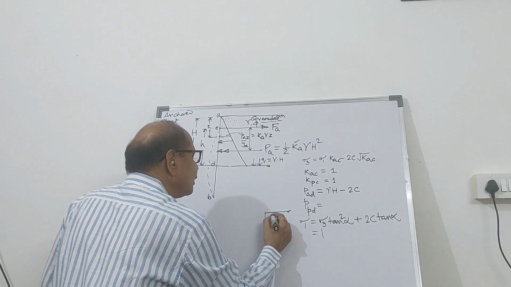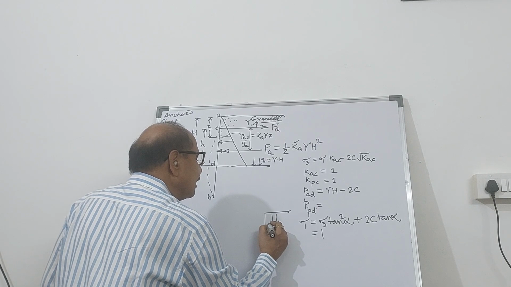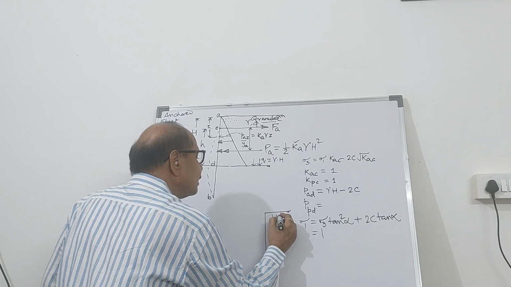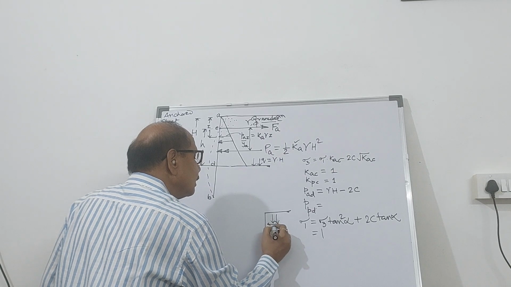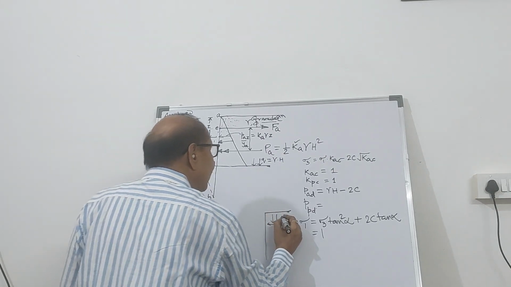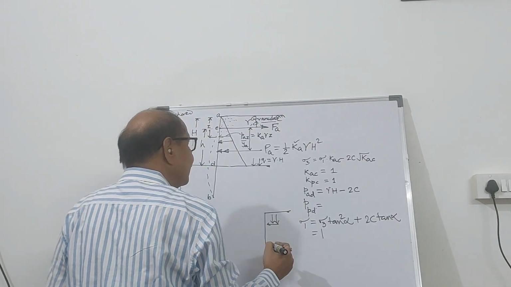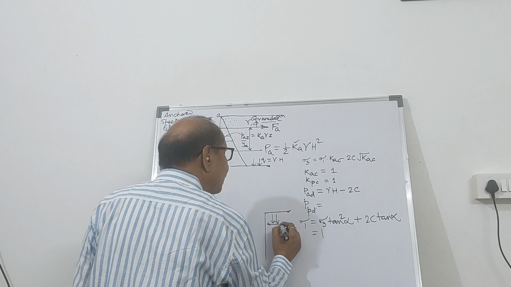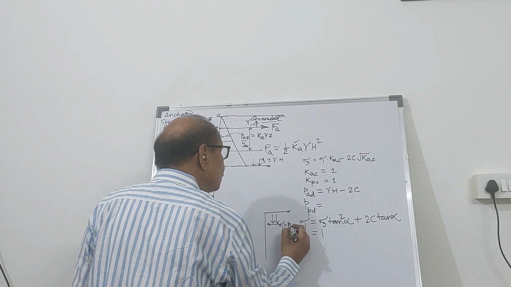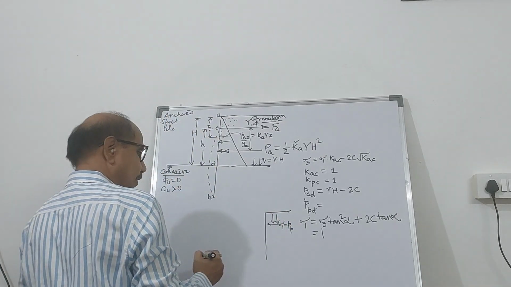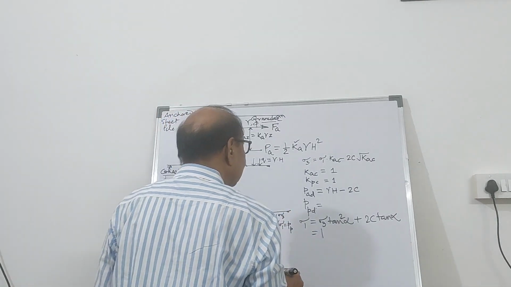The vertical pressure at any point Z, the lateral pressure is the major pressure, and therefore sigma 1 equals PP, and this is sigma 3.